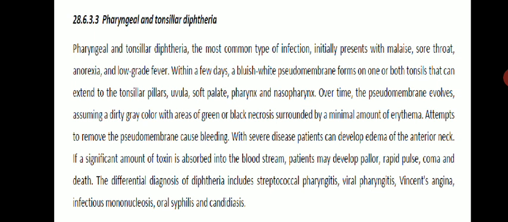With severe disease, patients can develop edema of the anterior neck. If a significant amount of toxin is absorbed into the bloodstream, the patient may develop pallor, rapid pulse, coma, and death. So basically this bacterium secretes a toxin, and if that toxin enters the blood, it causes severe symptoms or illnesses.